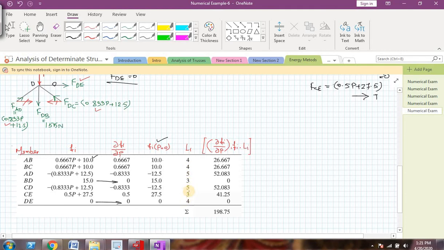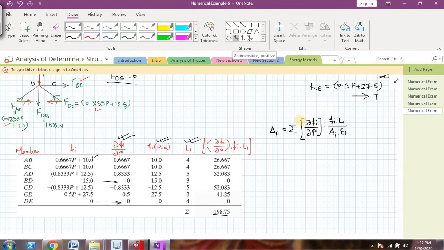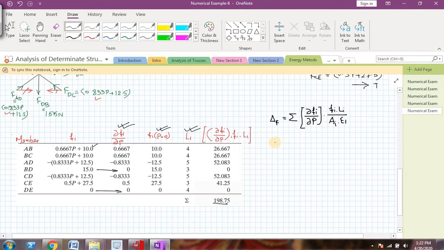This is the length of each and every member, and this column represents the product of this and this. This is the summation of this column. Now I will write the Castigliano's equation here. Okay, this is the Castigliano's equation. Instead of P, we derived this equation with respect to F. It doesn't matter at all.